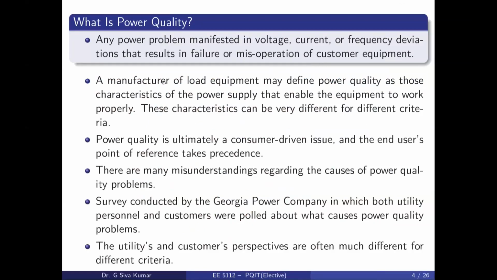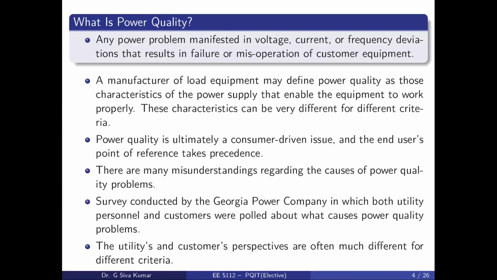Any manufacturer of load equipment may define power quality as those characteristics of the power supply that enable the equipment to work properly. These characteristics can be very different for different criteria.